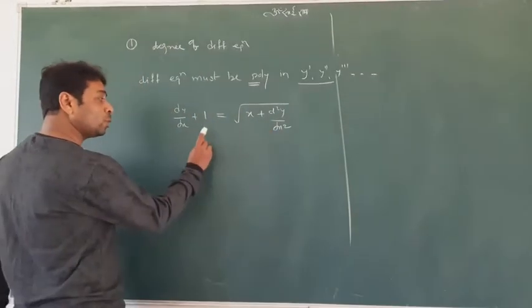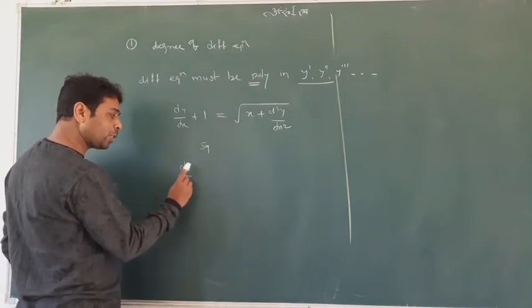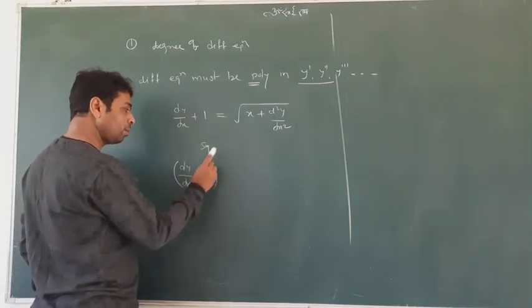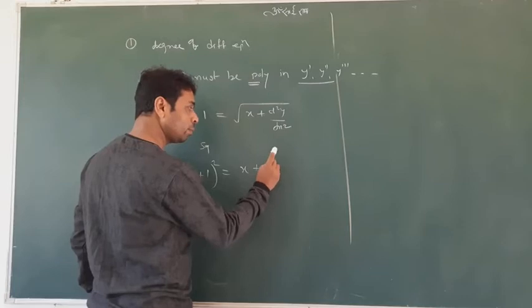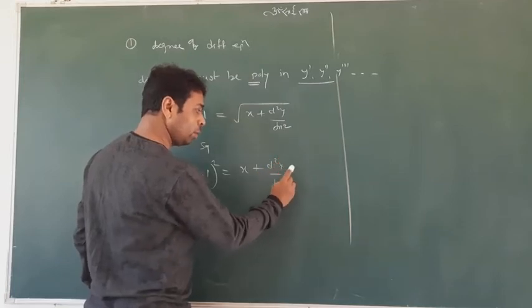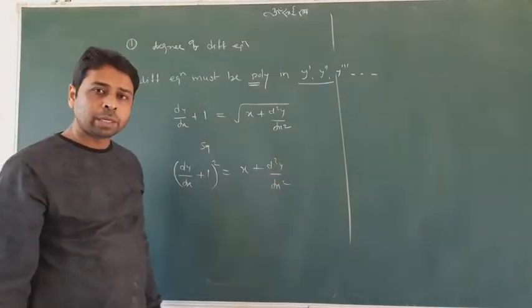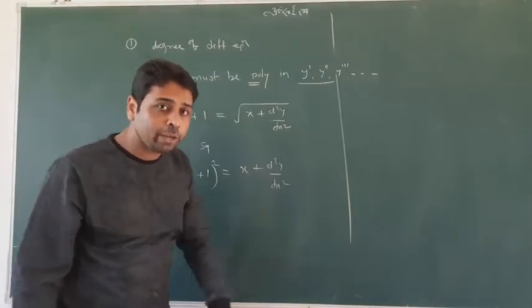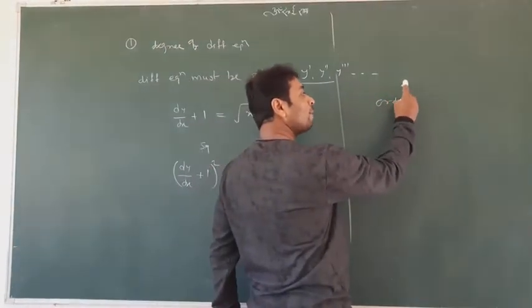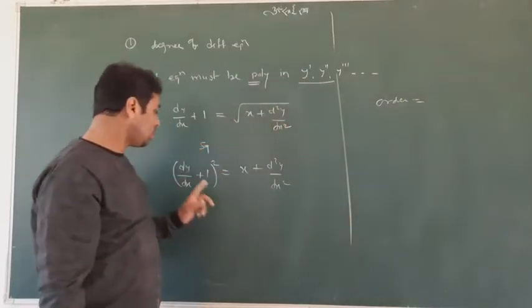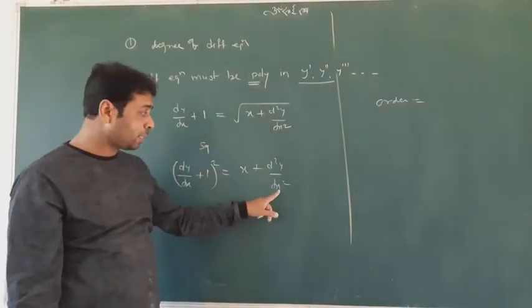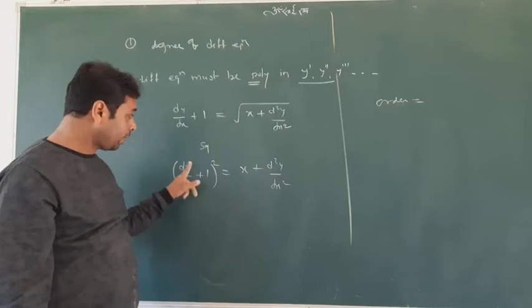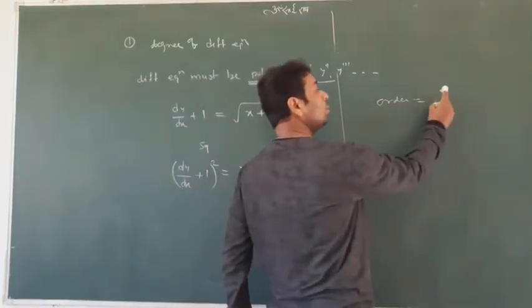So I square both sides. And now, students, it is a polynomial. Now I tell you how we can find the degree. For degree, first you find the order. So what is the order? You see all the derivative parts, this and this. This is order 1, this is order 2, meaning the order is 2.